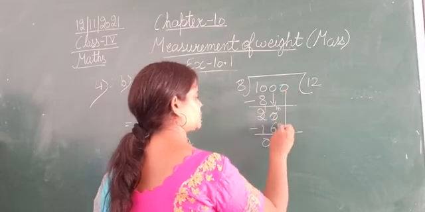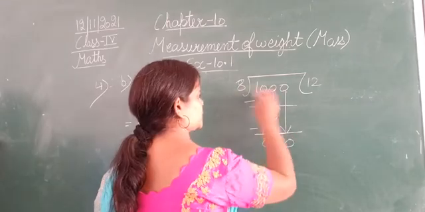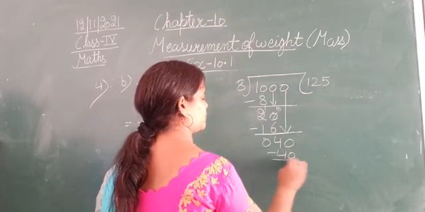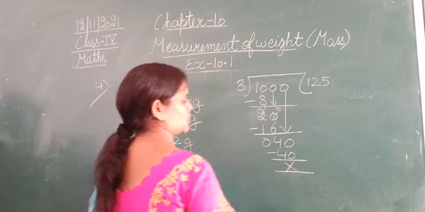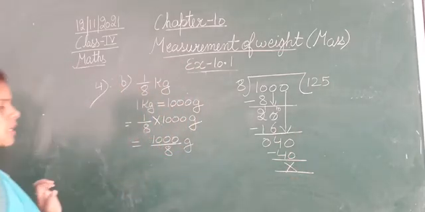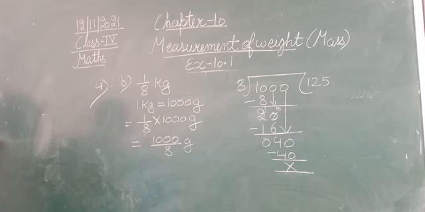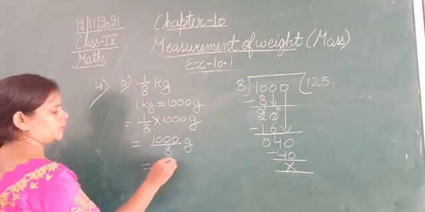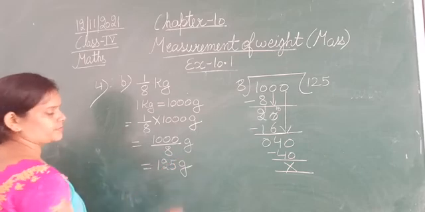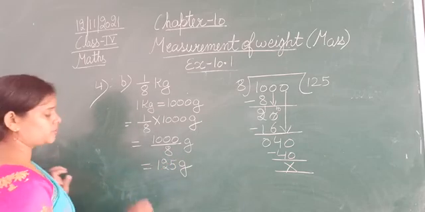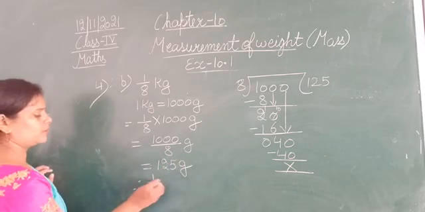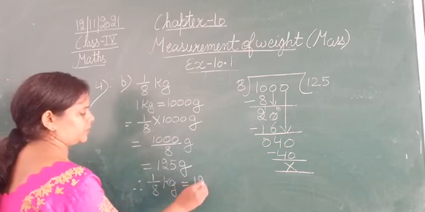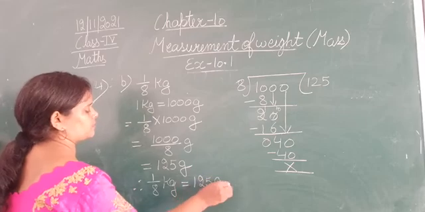Bring down the next 0. 8 5s are 40. 40 minus 40, nothing is left. So 1000 upon 8 grams is equal to 125 grams. Therefore, 1/8 kg is equal to 125 grams.